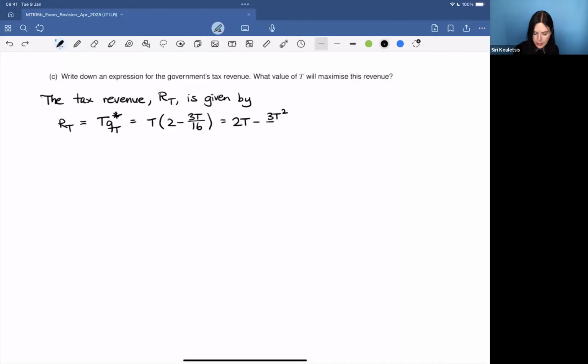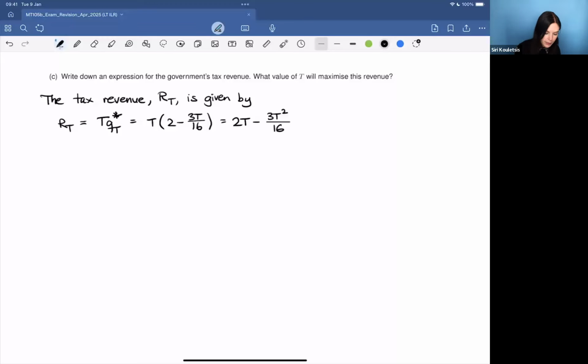And so we see here that the revenue function is a quadratic, where the coefficient of T squared is negative. So the graph is shaped upside down like that.